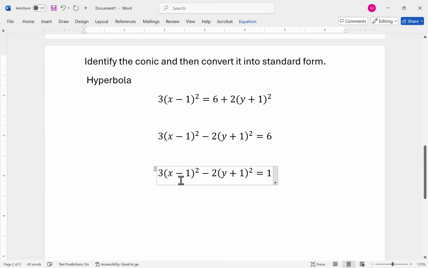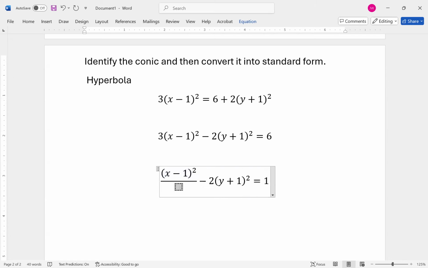When I divide that first term by 6, 3 divided by 6 is 1/2. So I will be getting x minus 1 quantity squared divided by 2. That second term, when I divide by 6, is going to be a 2 divided by 6. So 2 over 6 is just 1/3.